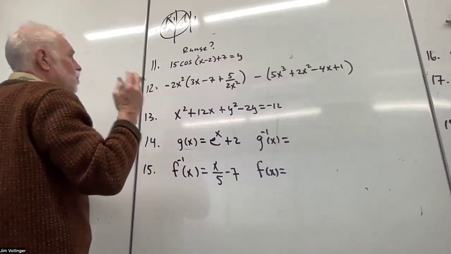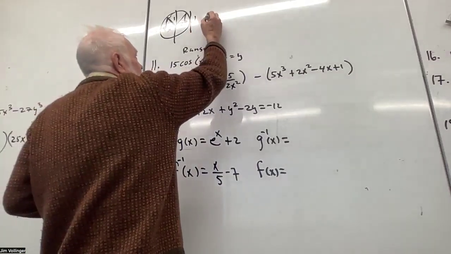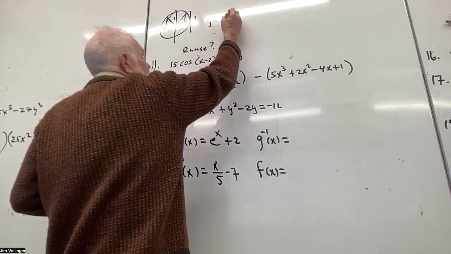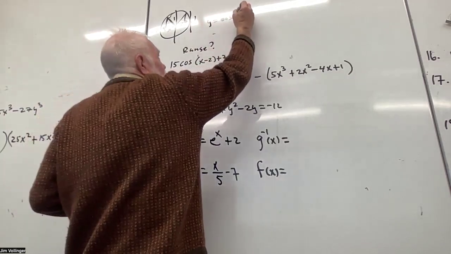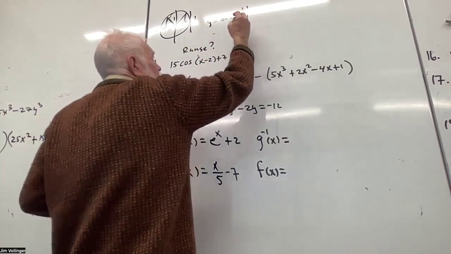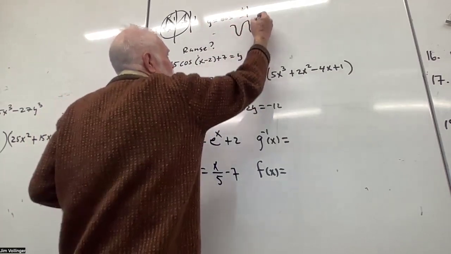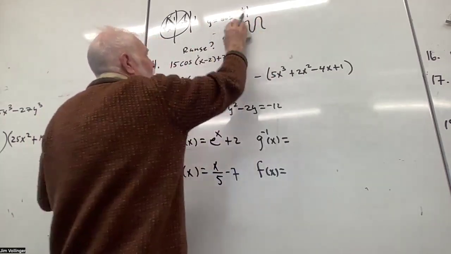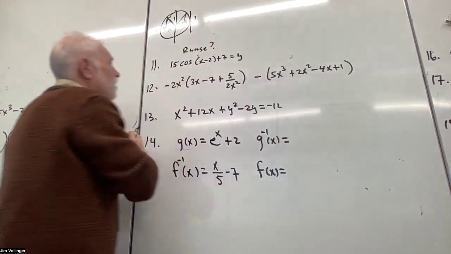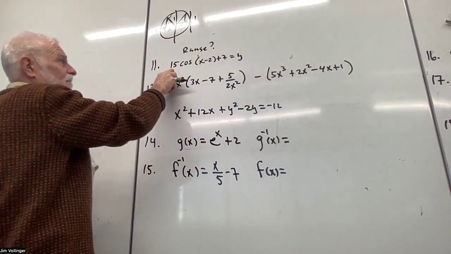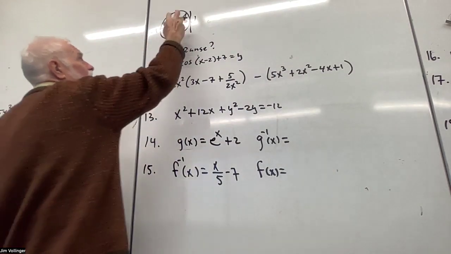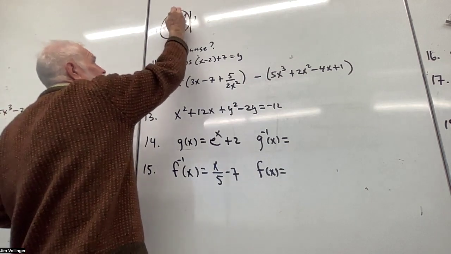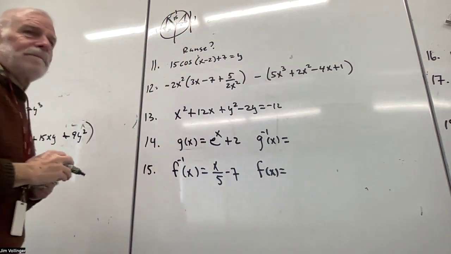So what is the range of the cosine function? The cosine function goes from +1 to -1, and so on and so forth. So what am I doing to this range? Oh, I'm multiplying it by 15. So my hypotenuse now is 15. The unit circle just got 15 times bigger.